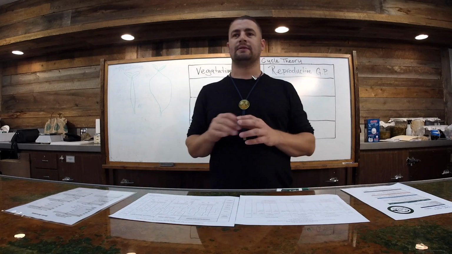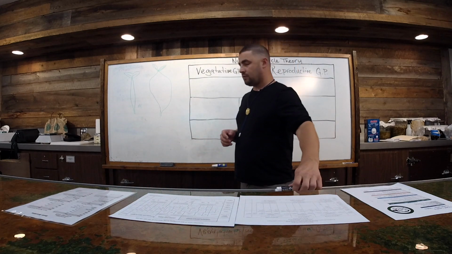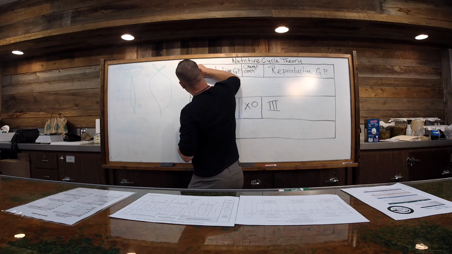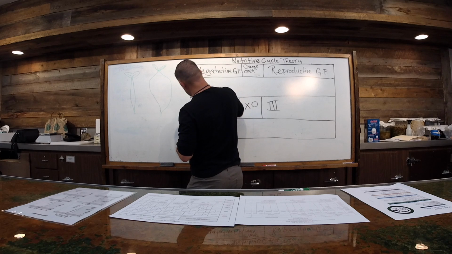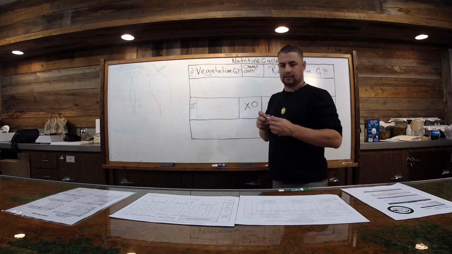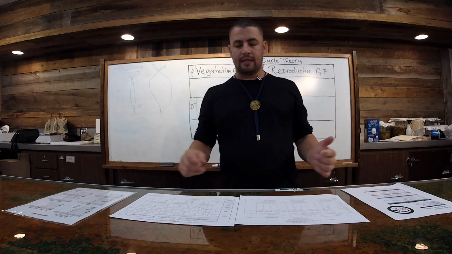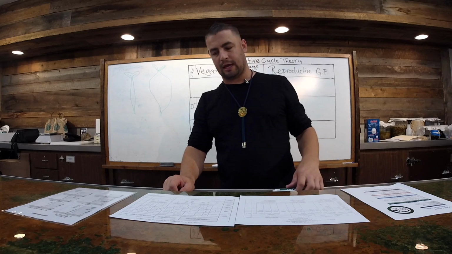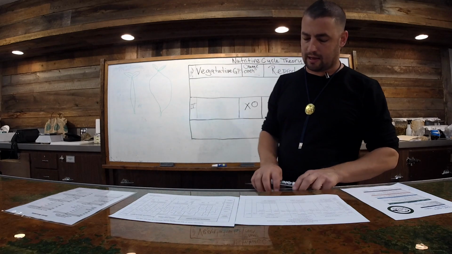Does that make sense? All right, so right there in the beginning, seed, we'll say type 4. And then they put type 4 at the end, but we're not going to get into that right now.